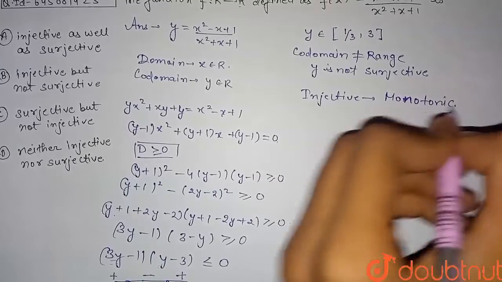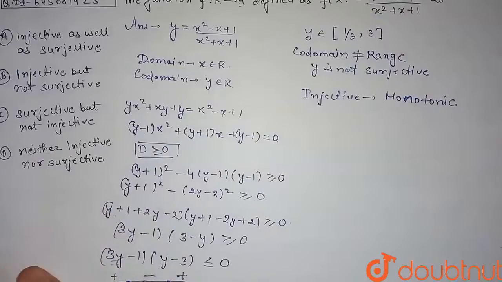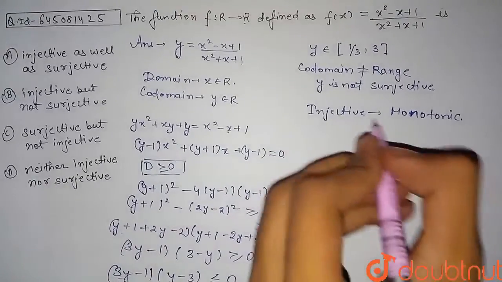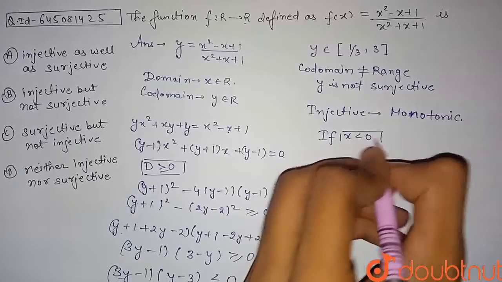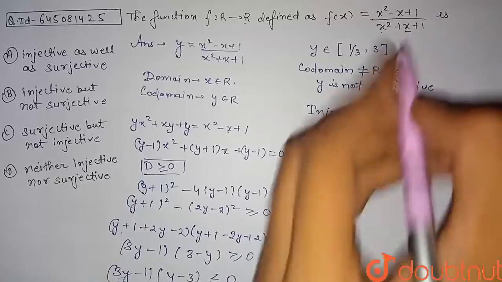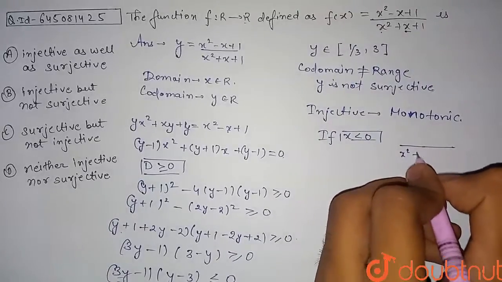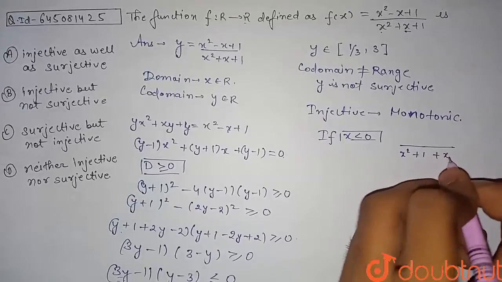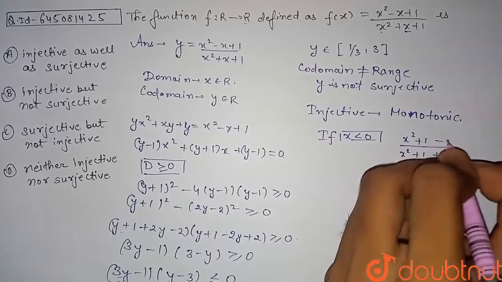So for this function, if we analyze it, then if x is less than 0, what will happen? This value will be negative and these two terms will be positive. So this will be x square plus 1 plus x in the denominator, and x square plus 1 minus x in the numerator.